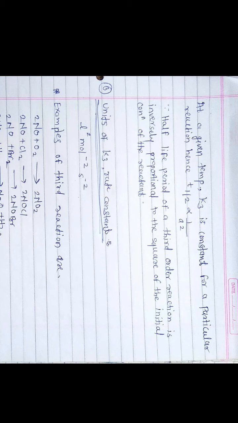Now the third characteristic of this reaction: the unit of K3, that is the rate constant unit. The third order rate constant unit is liter squared per mole squared per second.